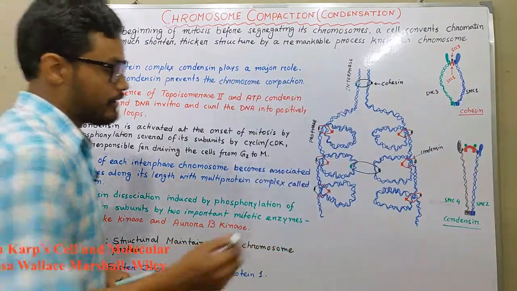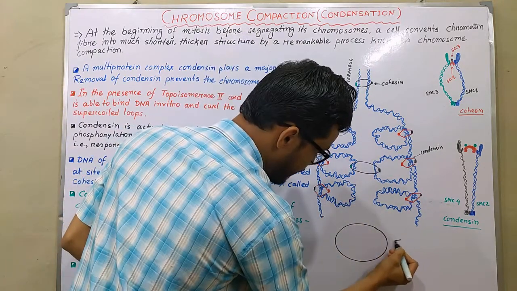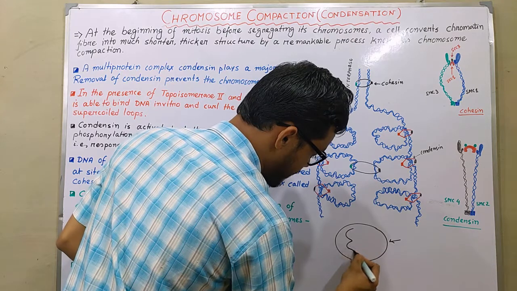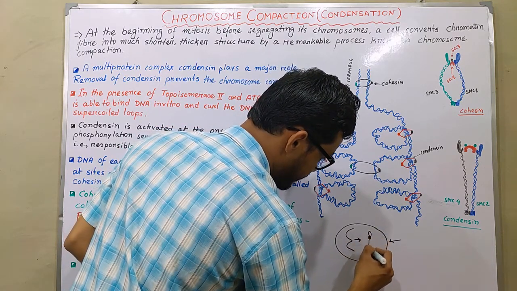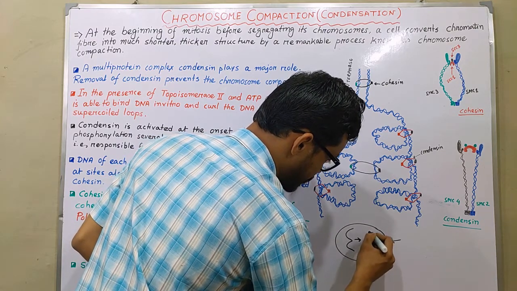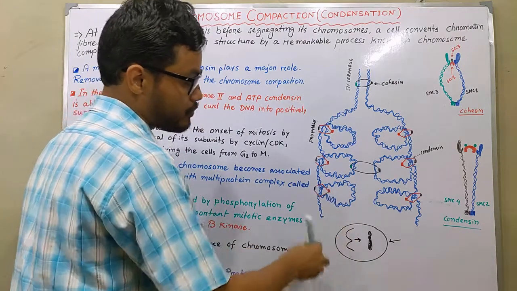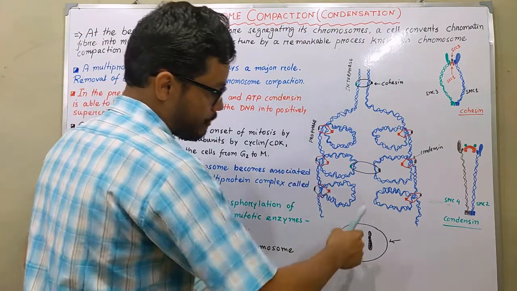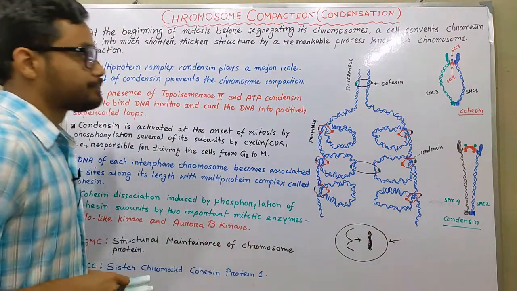So if we consider this is a nucleus, the chromatin fibers are now condensed into a much thicker and condensed form of chromosome. This is the main feature of chromosome compaction. By this process, chromatin fibers are converted into a chromosome structure.